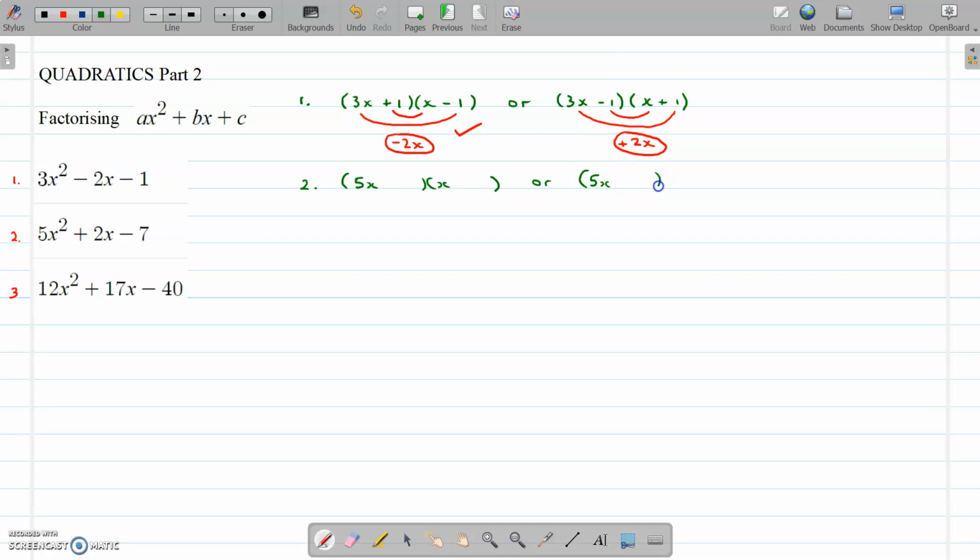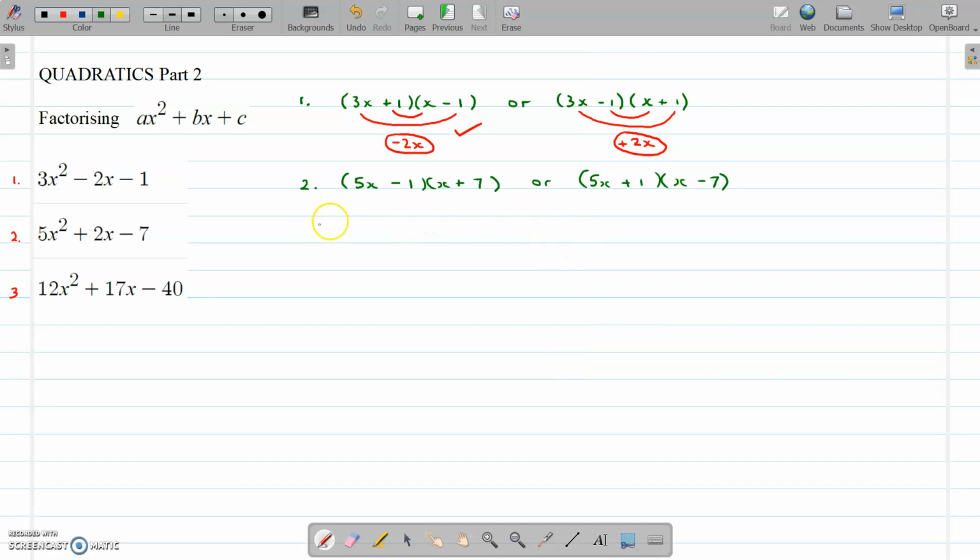But let's just look at 2 of them first. The 5 has got to come from 5x times x, and the minus 7 could be minus 1 times plus 7, or it could be from plus 1 times minus 7.